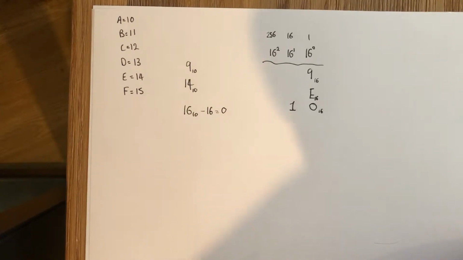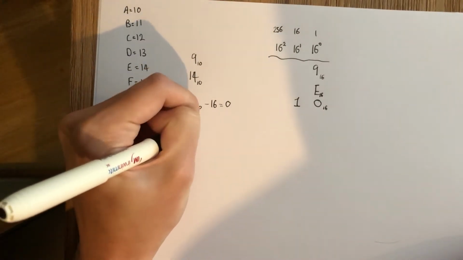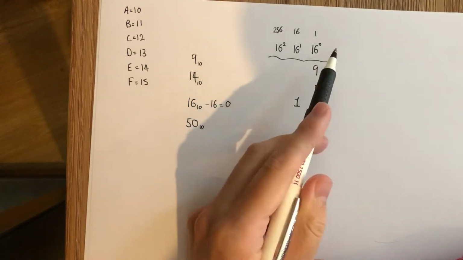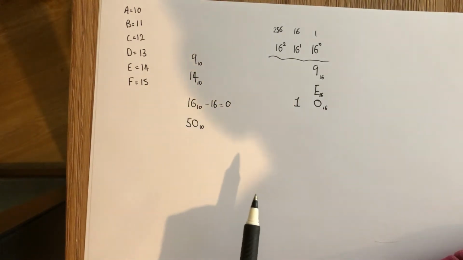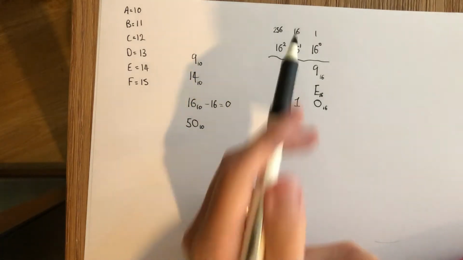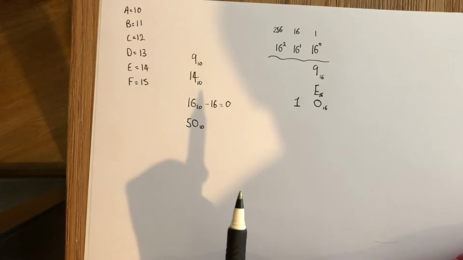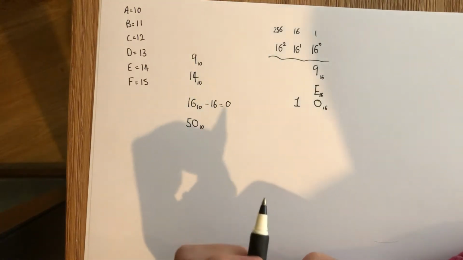Let's go a little higher. How about the number 50 in decimal? Again, we start from left and work to right. How many times does 256 fit into 50? No times. How many times does 16 fit into 50? Well, that one fits in 3 times.